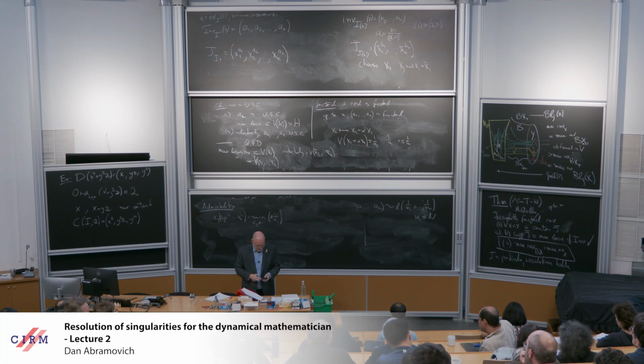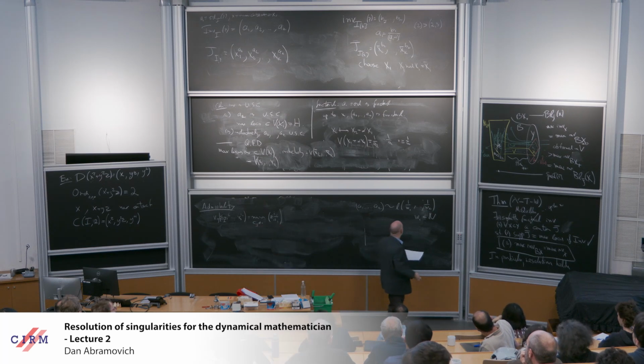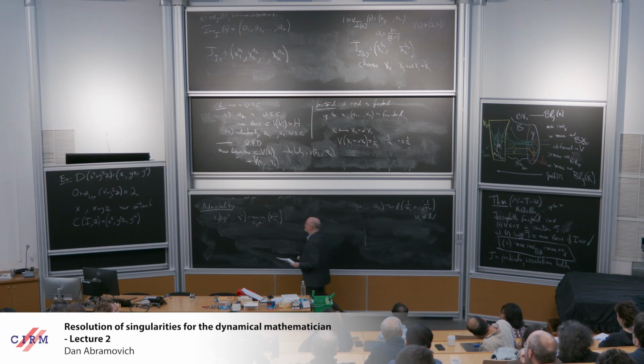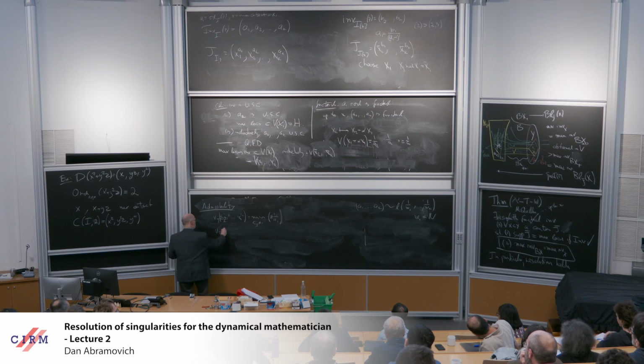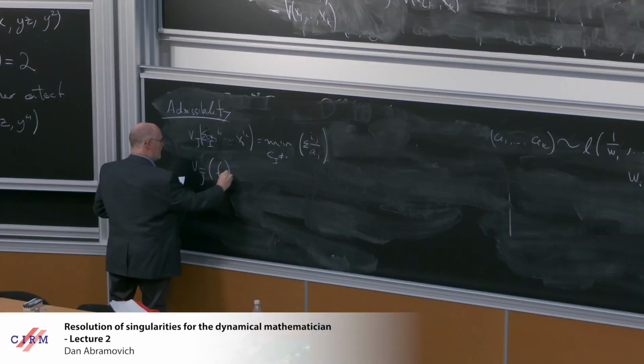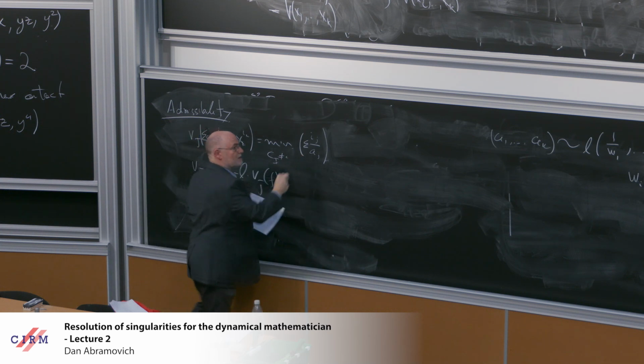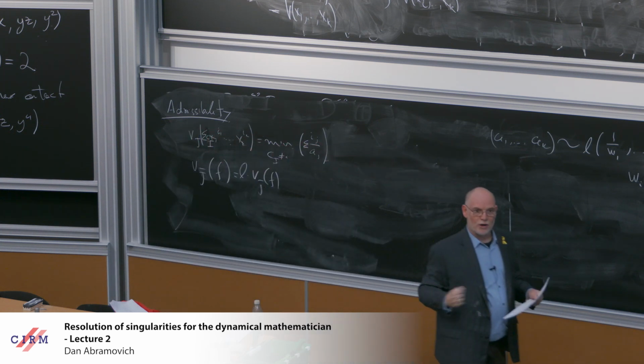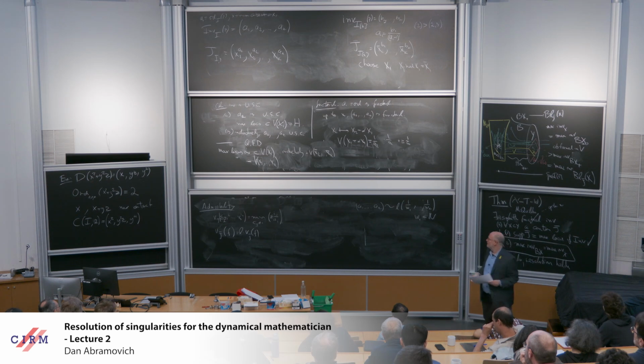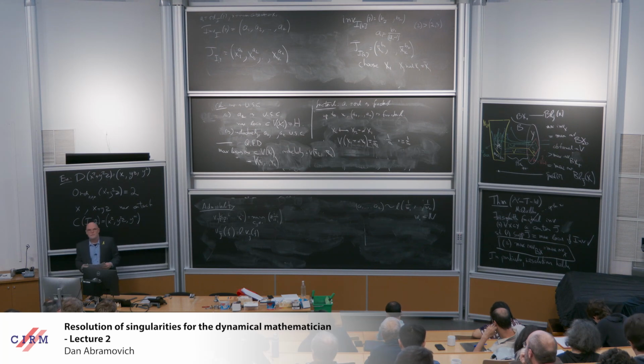In particular, the Vj bar of f is L times Vj of f, because you replace aj by aj over L, so you look at summation ij times wj. Did I answer your question?